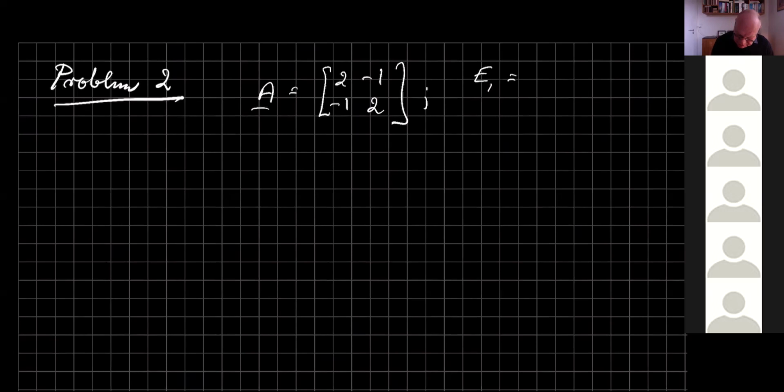You have the eigenvalue 1 and the corresponding eigenspace. It's the span of the vector 1, 1. And E2 is the span of the vector minus 1, 1.